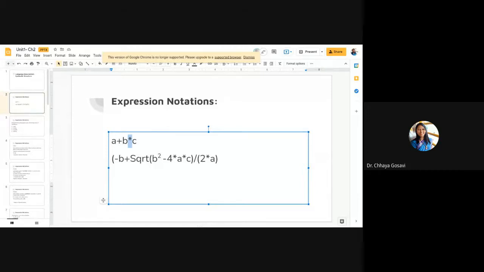For division, instead of the mathematical division operator, we are using slash for division. So different characters are used to perform different types of operations.